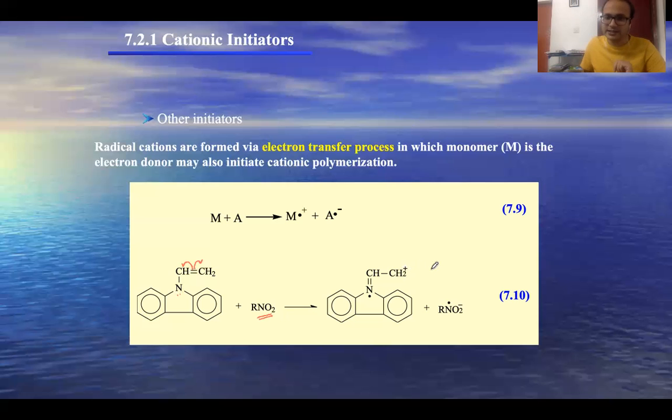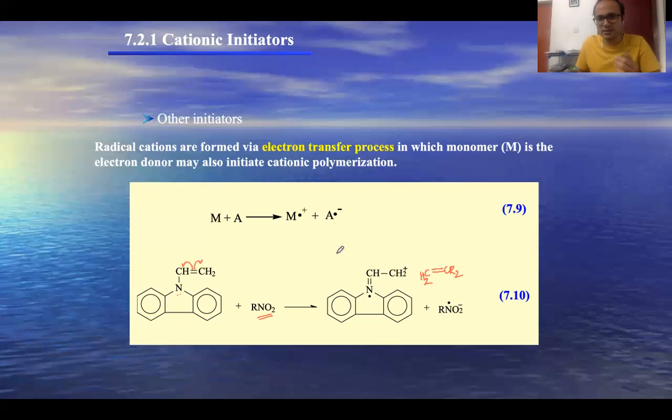And now this can further react with the monomer, and add on to this monomer and thereby generate a carbocation here, and then they can participate in the propagating step.